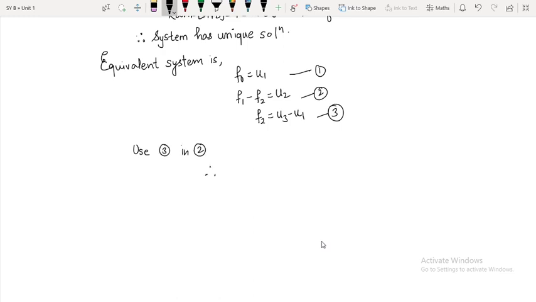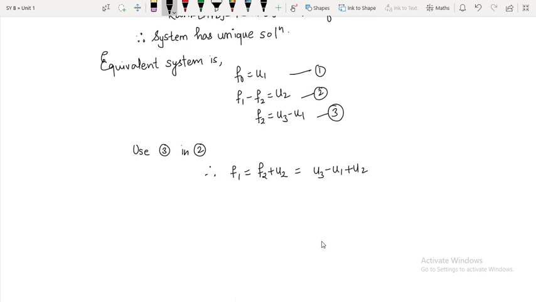So what will be f1? f1 will be f2 plus u2, which is further equal to u3 minus u1 plus u2. Okay, so this is your value of f1.